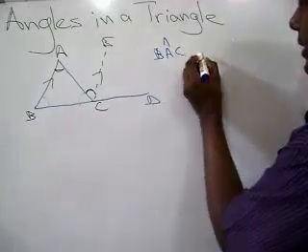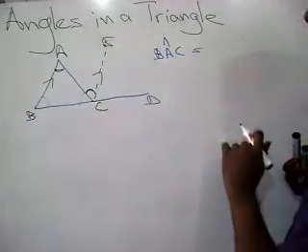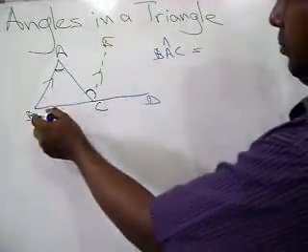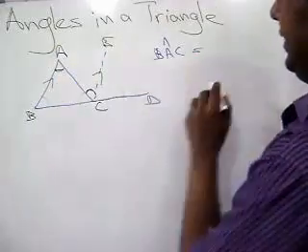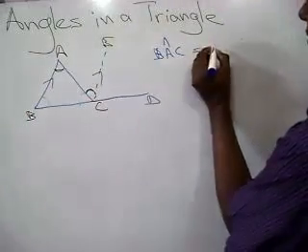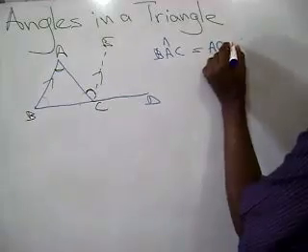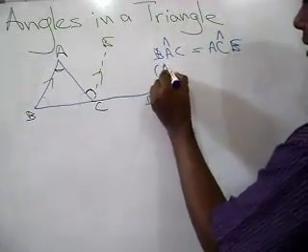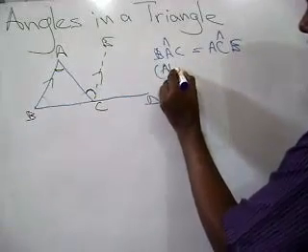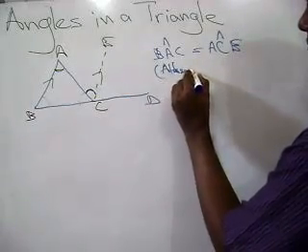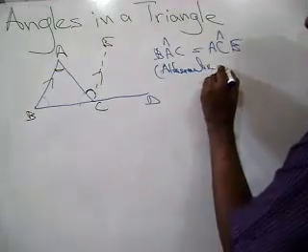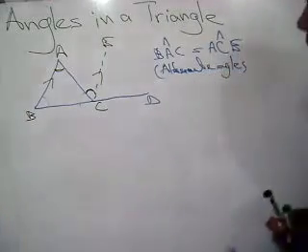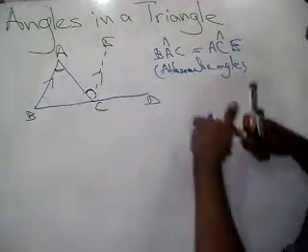BAC is equal to ACE. The reason being alternate angles.